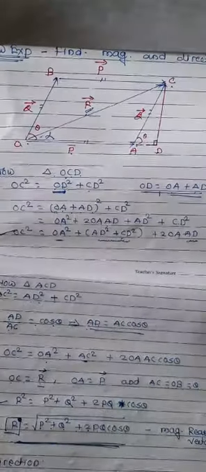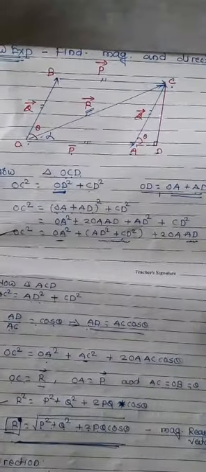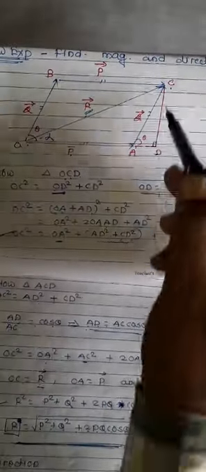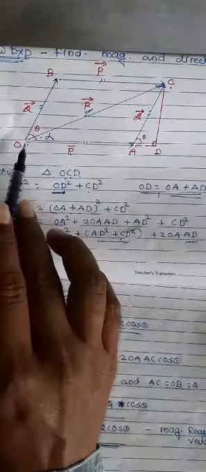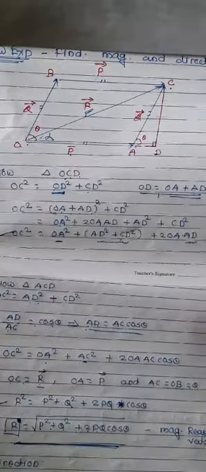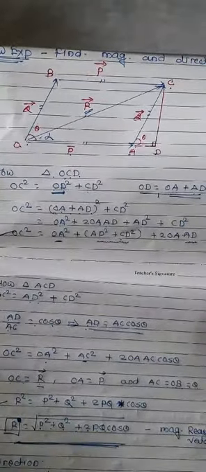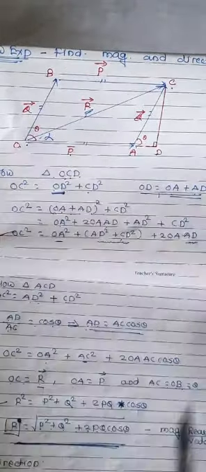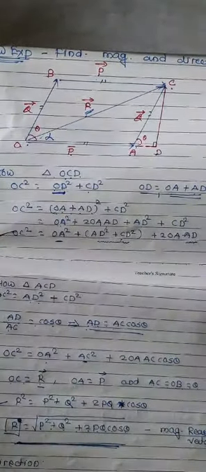Now within OCD, tan of alpha is equal to CD upon OD. But OD is equal to OA plus AD, as in the previous topic. Now we have to put the value of this.